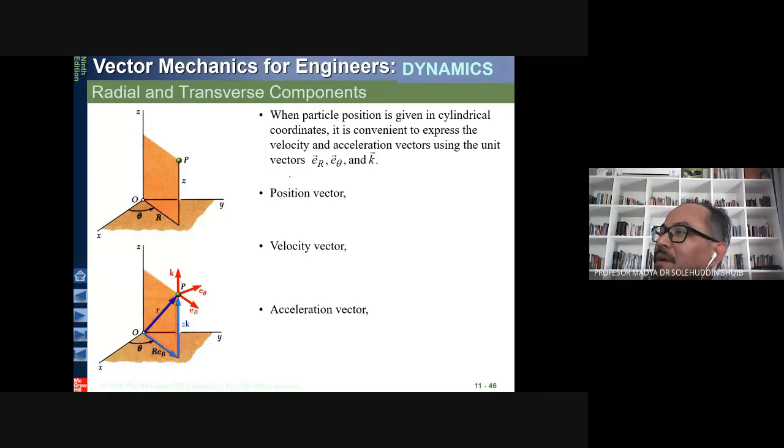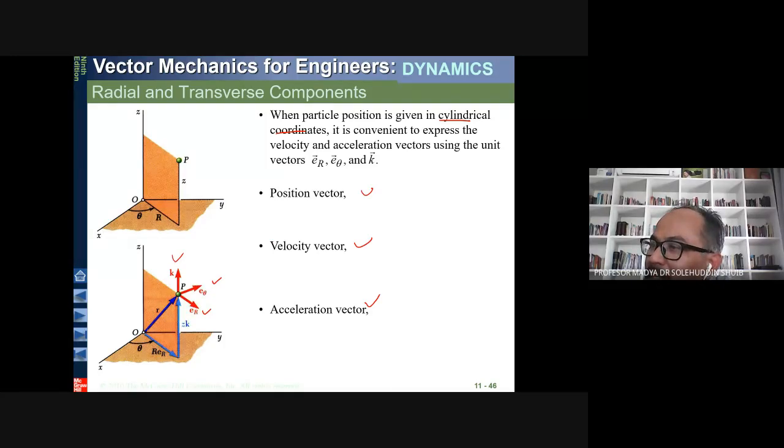These are the three unit vectors, and from there we can find the position vector, the velocity vector, and the acceleration vector.